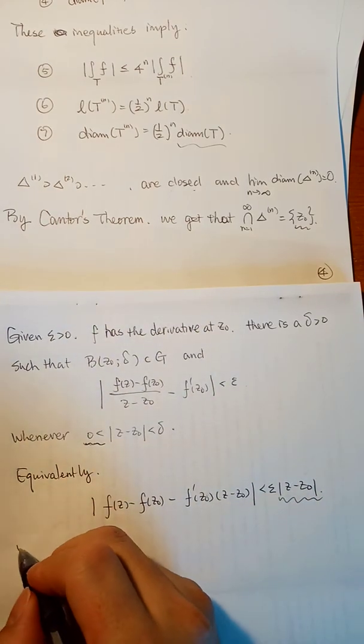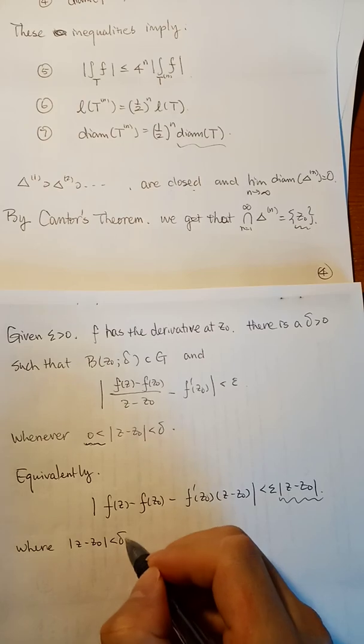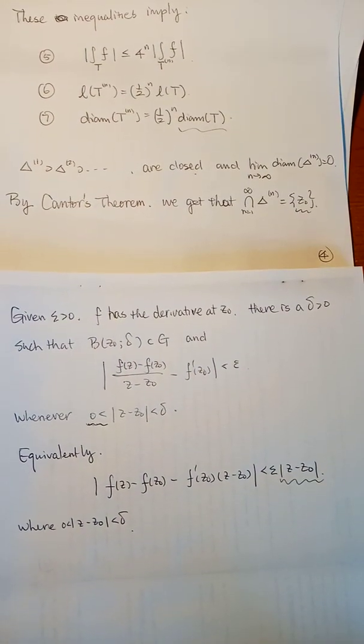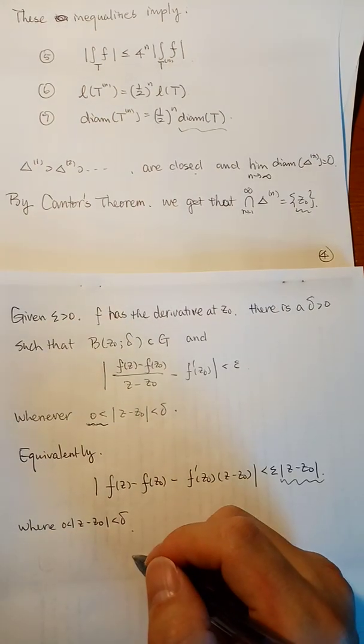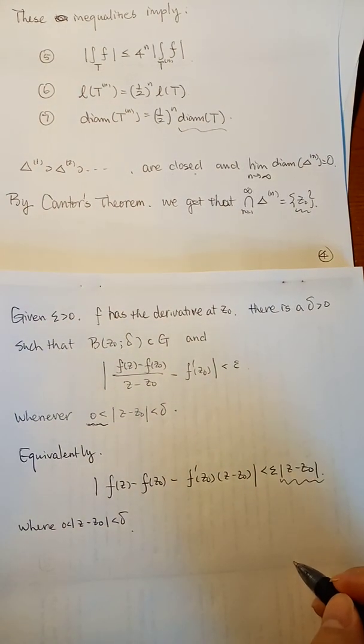And the same condition holds, where the absolute value of z minus z0 is between 0 and delta. Okay, so you see, this is z0, this is delta.